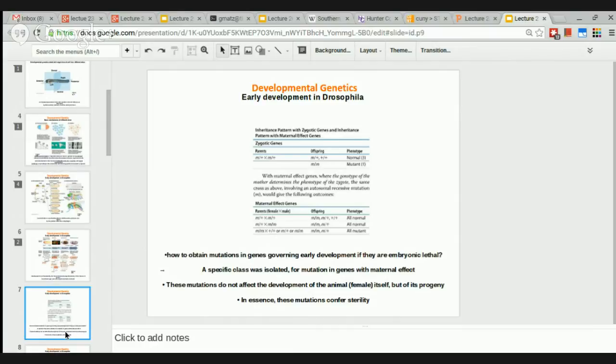So this problem was solved by two brilliant fly geneticists: Eric Wieschaus, who's at Princeton University, I'm pointing towards Princeton, and the other one, I guess, east from here, is Christiane Nüsslein-Volhard, who's at Heidelberg in Germany.